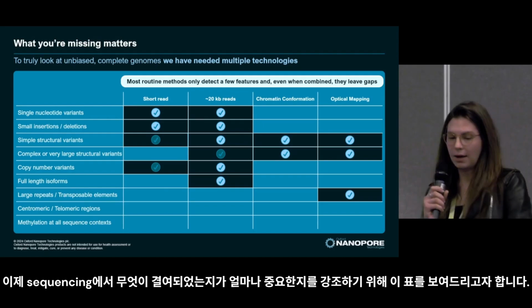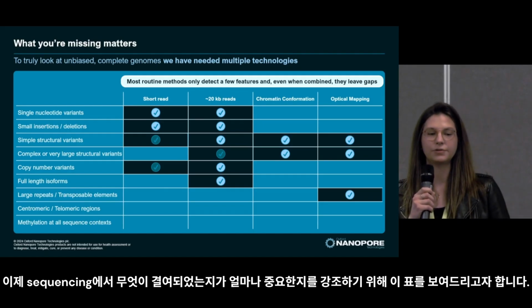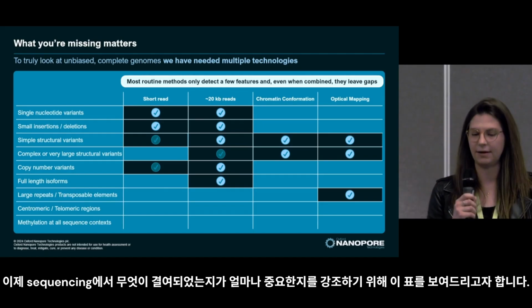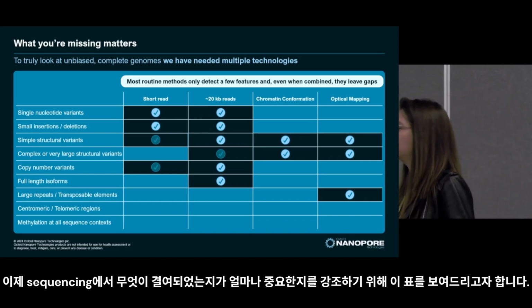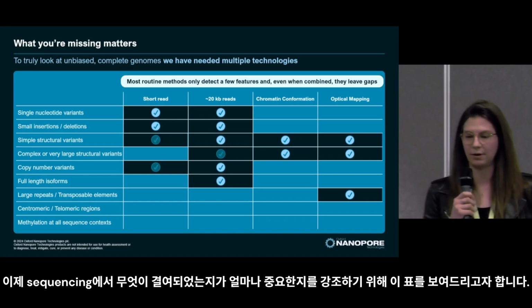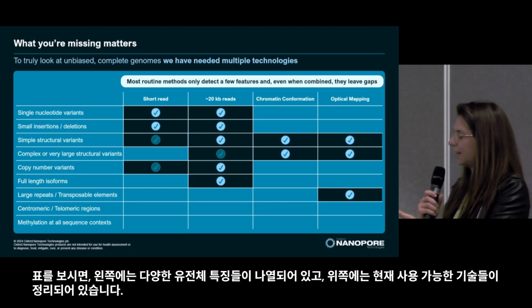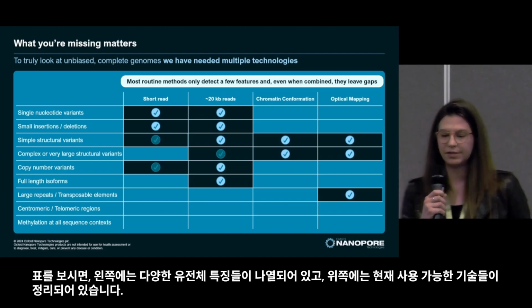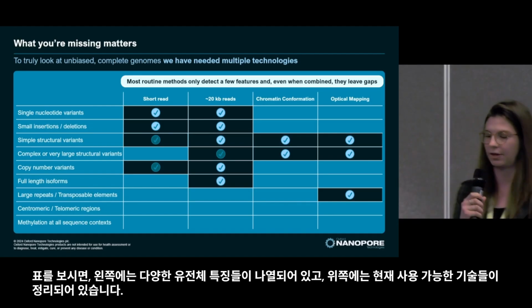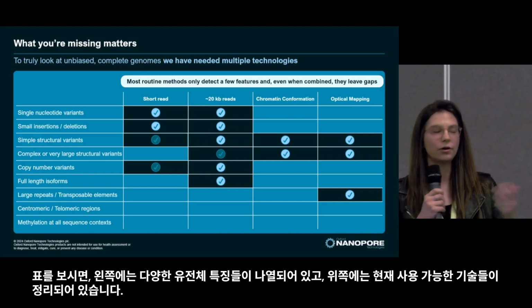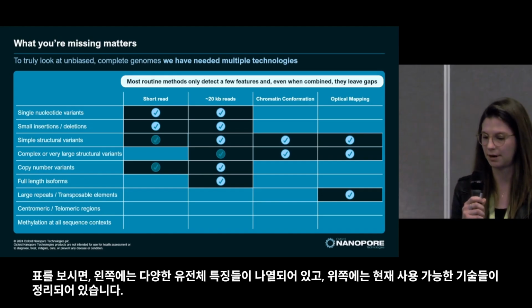And so I want to show this table here to really drive home this idea that what you're missing in your sequencing does matter. So as we digest this table, you'll see different genomic features listed on the left, and then current technologies listed across the top.